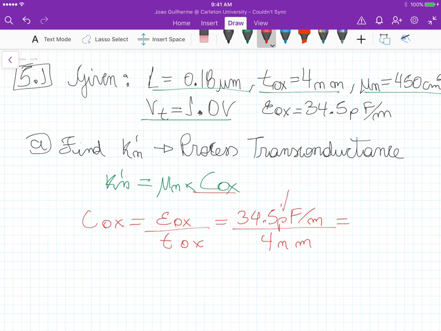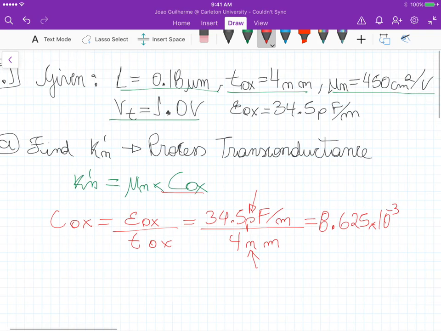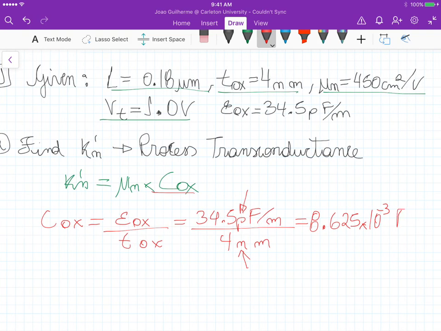So this pico is 10 to the minus 12, this one is 10 to the minus 9, and the result is 8.625 times 10 to the minus 3 farad per square meter. That's the first number that we have to calculate in part A.